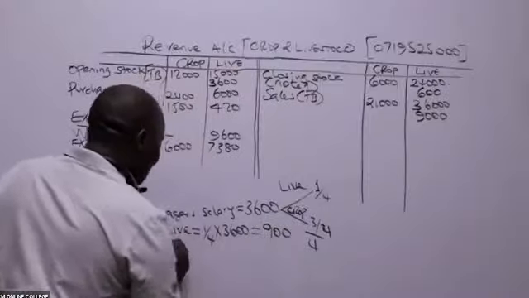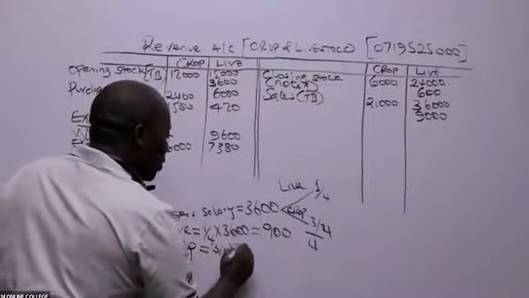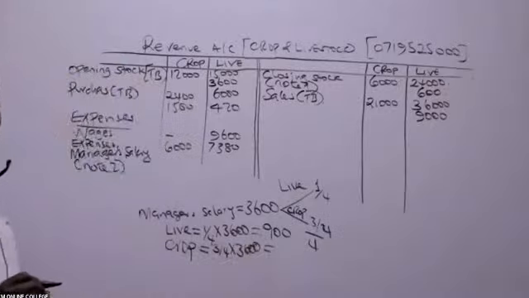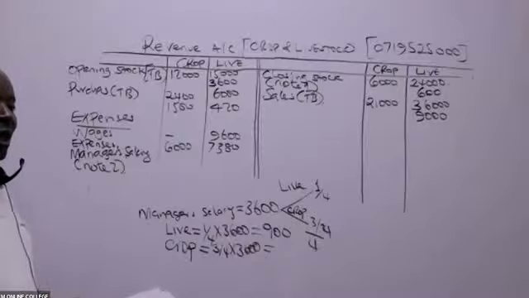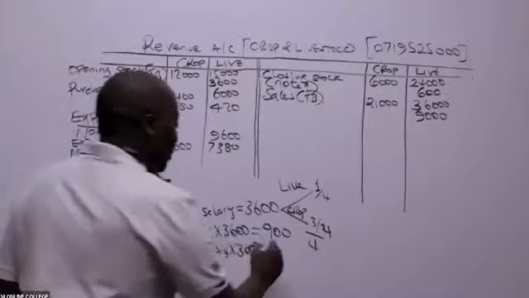And then crop is 3/4 of 3,600. Are you able to give me this figure? 2,700. Thank you very much.